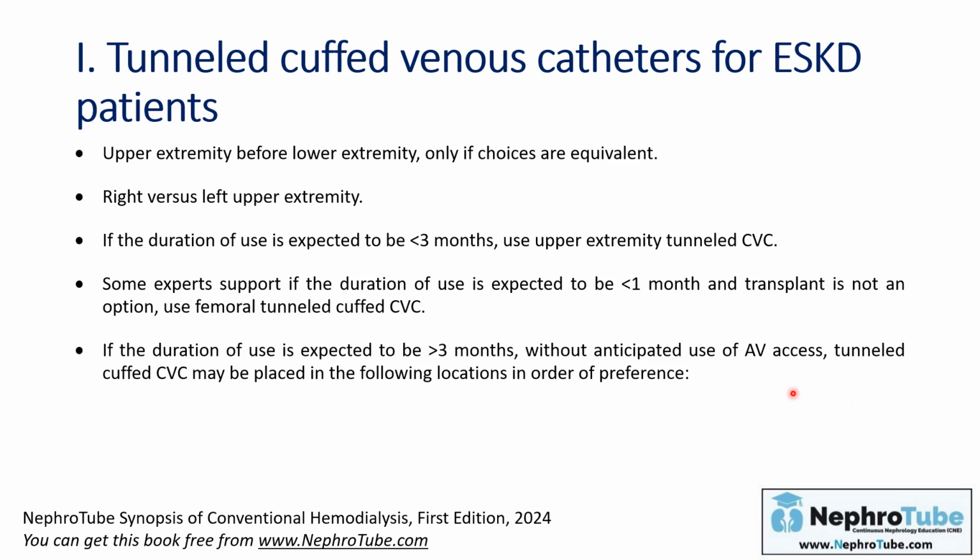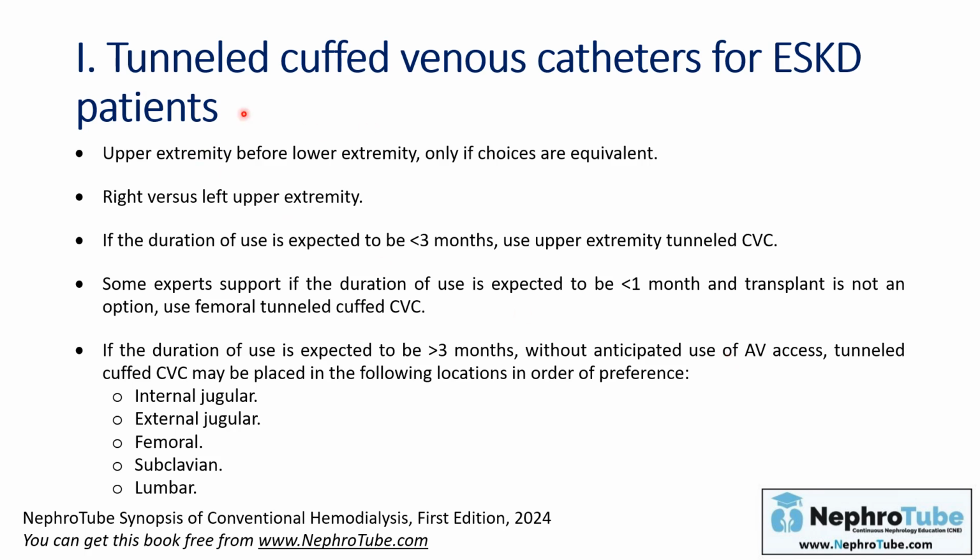The patient will not have any AV access. The first location is internal jugular, followed by external jugular. I didn't see that many catheters in the external jugular actually, but these are the recommendations of the KDOQI vascular access guidelines. Then the femoral, then the subclavian, and finally the lumbar access.